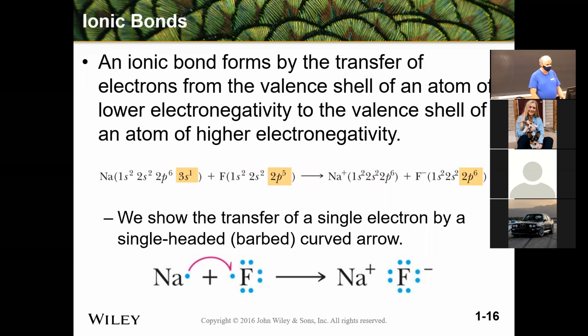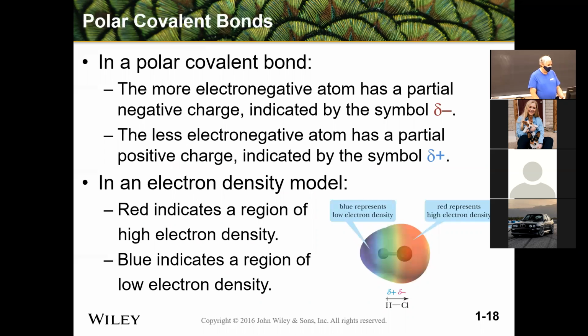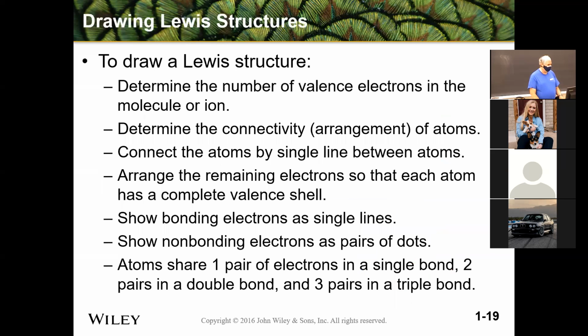Let's go back. Ionic bonds involve the transfer of an electron or electrons. So we have fully charged ions, and they're held together by electrostatic attractions. Covalent bonds involve the sharing of electrons, and polar covalent bonds involve unequal sharing.